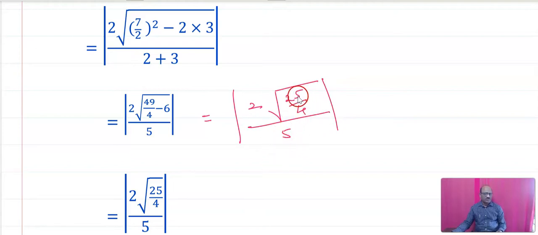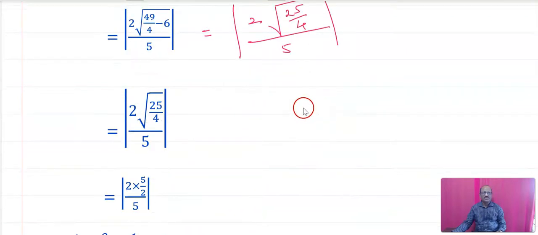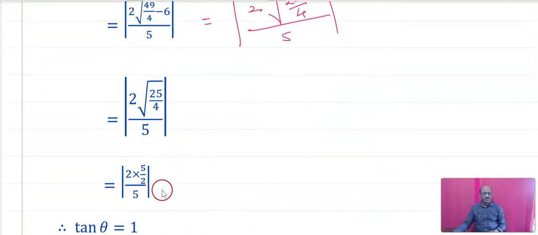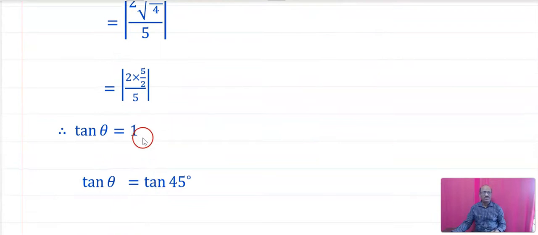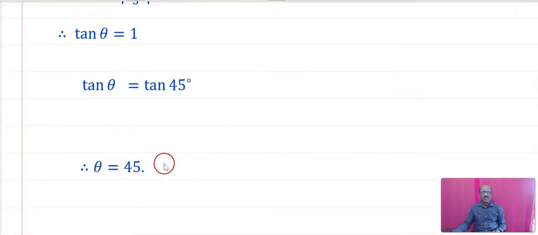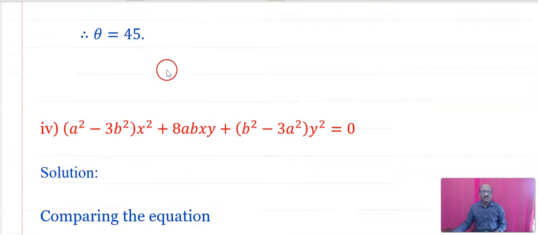Okay, the square root of 25 by 4 is 5 by 2 into 2. These two get cancelled. 5 upon 5, that is 1, and tan theta is equal to 1. It means tan theta is equal to tan of 45, and hence theta is equal to 45.